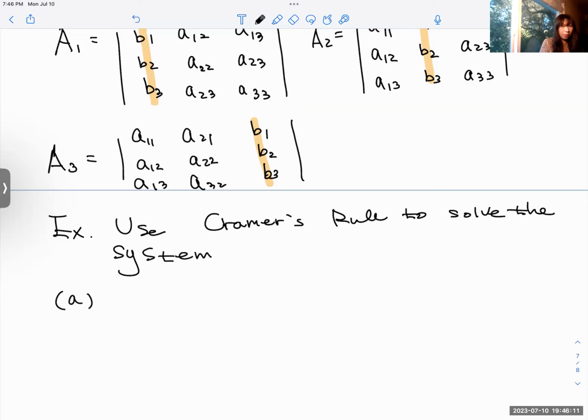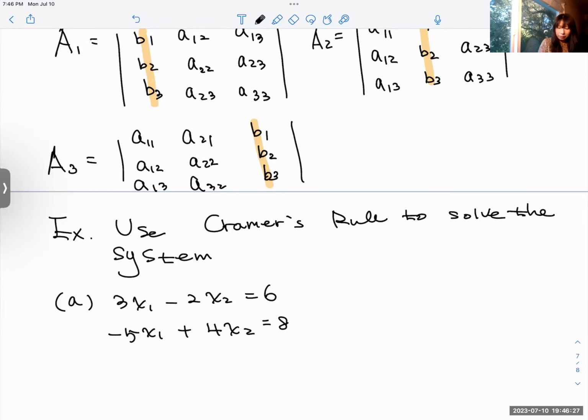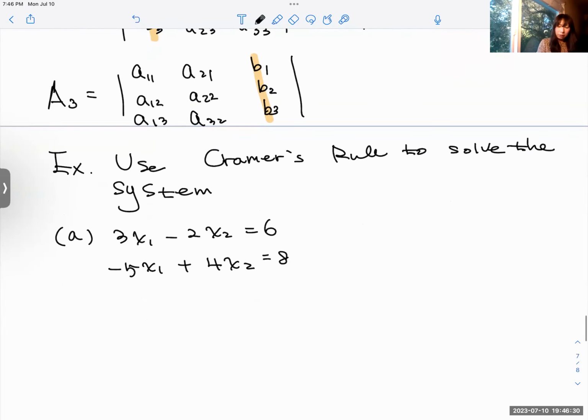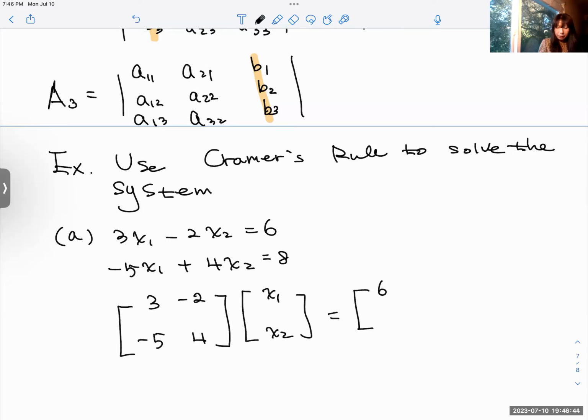We have 3x1 minus 2x2 equals 6, and negative 5x1 plus 4x2 equals 8. So the matrix is 3, negative 2, negative 5, positive 4, with x1, x2, which equals 6 and 8, right?